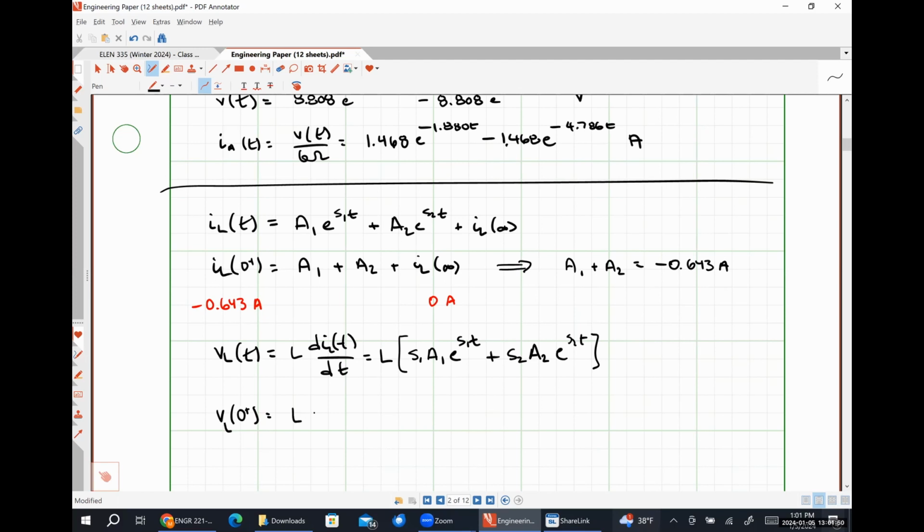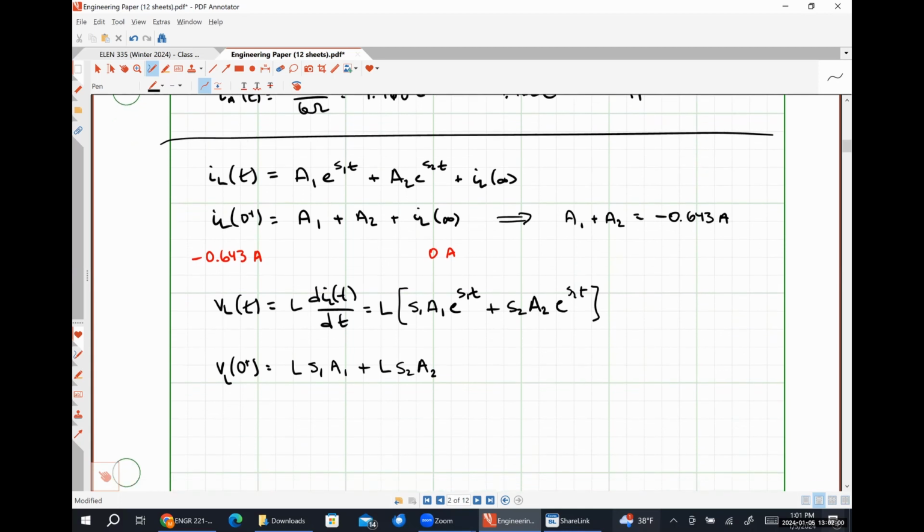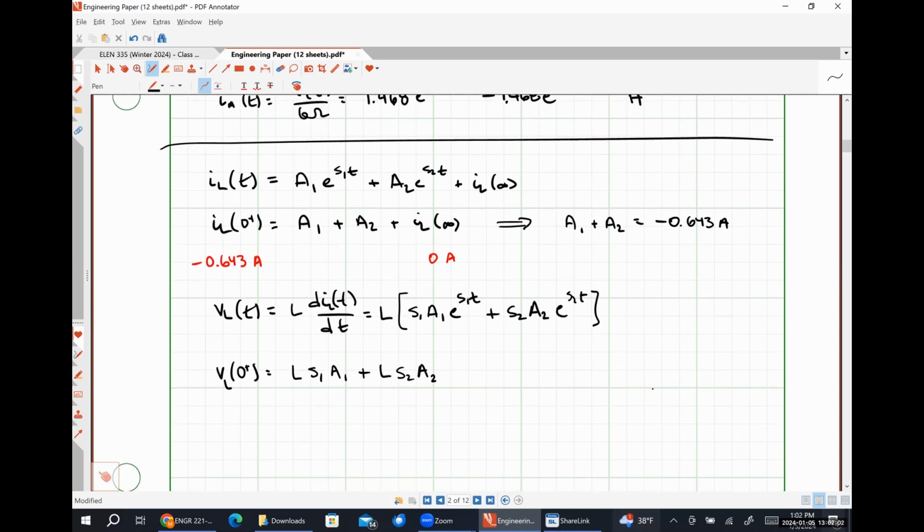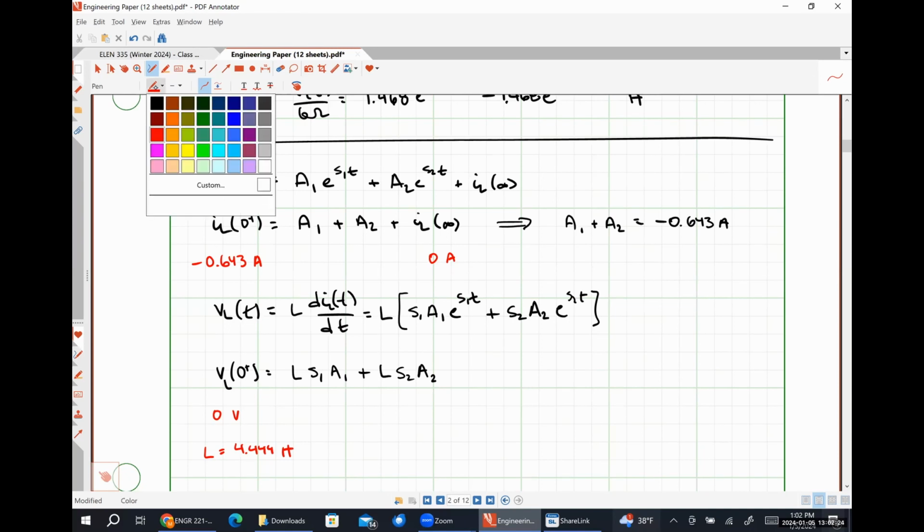This is going to look like L times S1 times A1 plus L times S2 times A2. We know that VL at 0 plus was 0. We know that L is 4.444 henries.